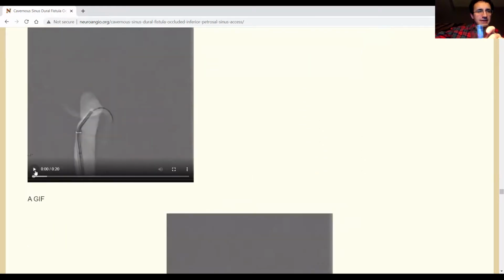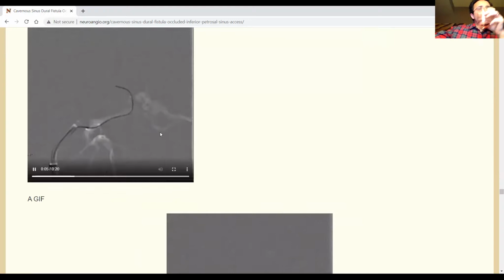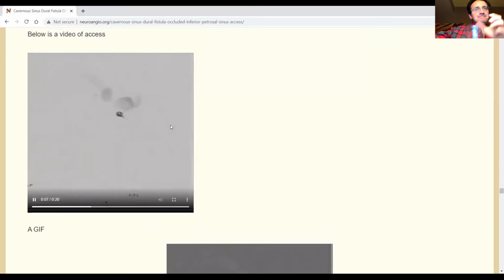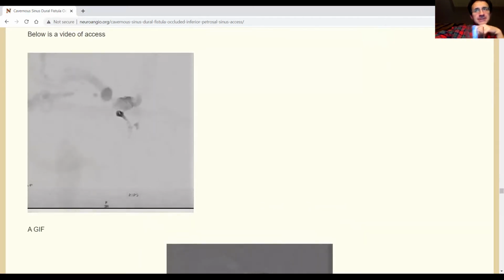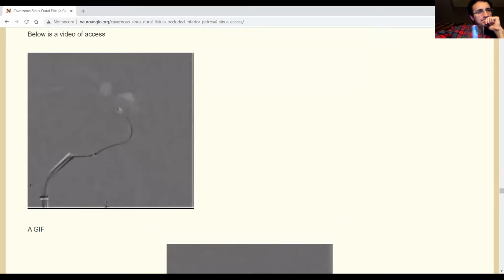Now here's a video of the axis. Let me take a sip. You see that? Here's our injection. There's the wire finding the way home. The catheter dropping.